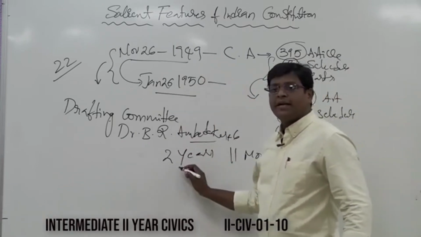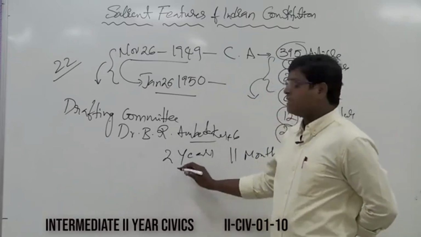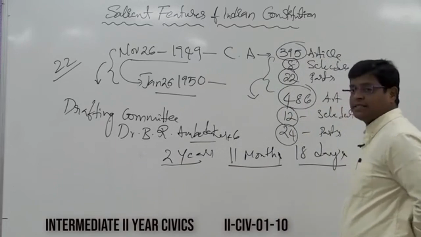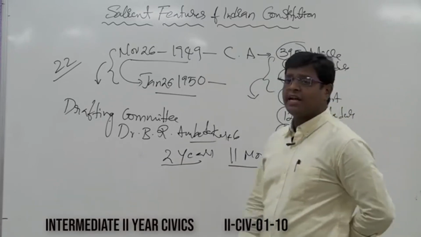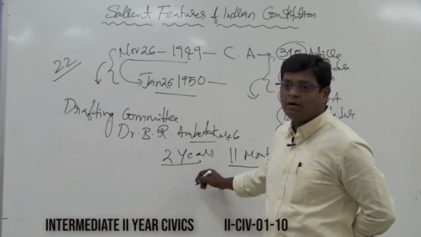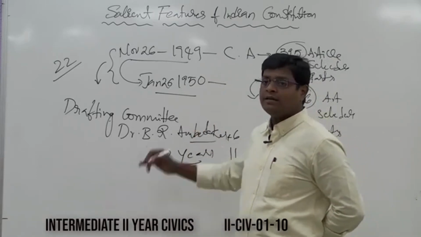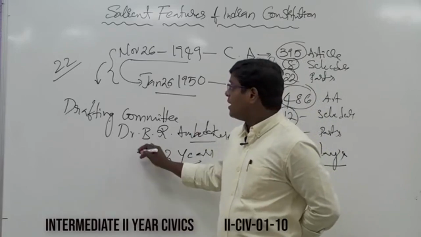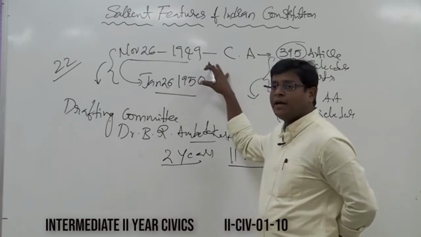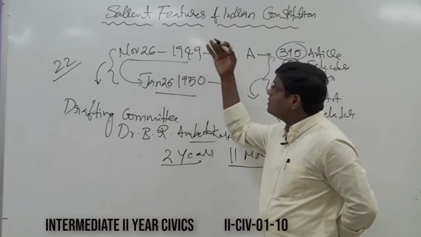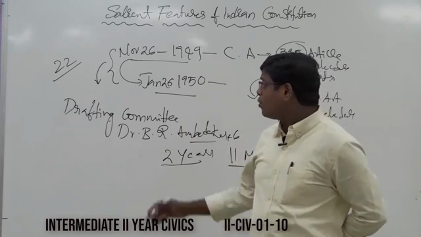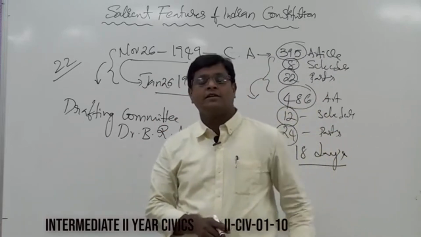According to Ivor Jennings, the Constitution of India is the best among all constitutions in modern governments. That's why you have to mention a brief introduction about the Constitution of India before writing the salient features of the Indian Constitution.